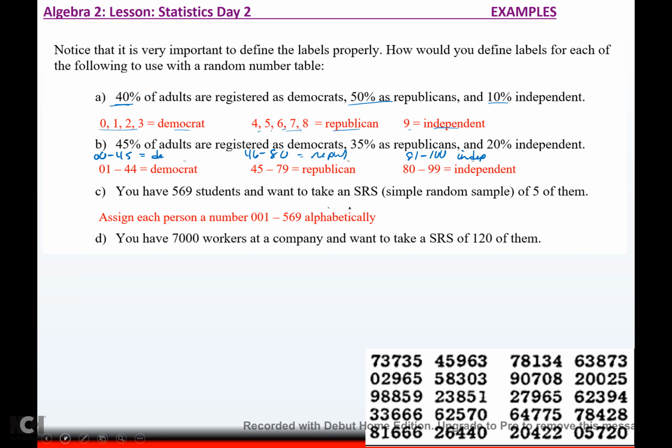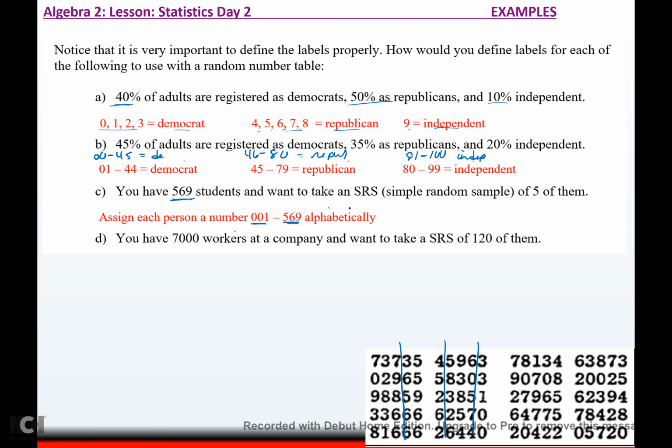All right. C says you have 569 students and want to take a simple random sample of 5 of them. Well, since you have 3 digits in your total, you're going to have to read it 3 digits at a time. Right? All your numbers have to have the same number of digits, so you'd be going with assign each person a number from 001 to 569.